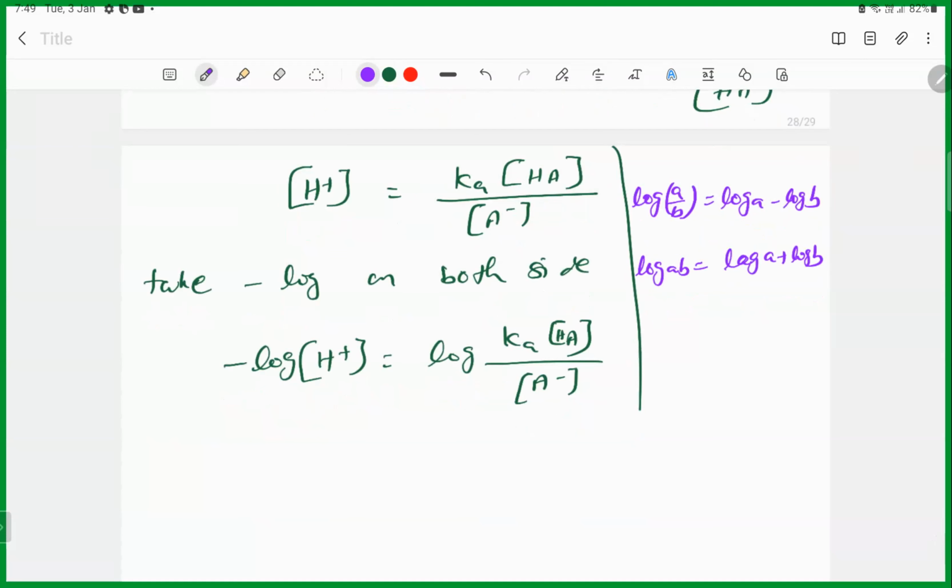Now you tell me, these two in the first, we'll separate. So it is equal to minus log Ka minus log HA plus log A minus. We have to expand it and write. We know that minus log H plus becomes the pH.